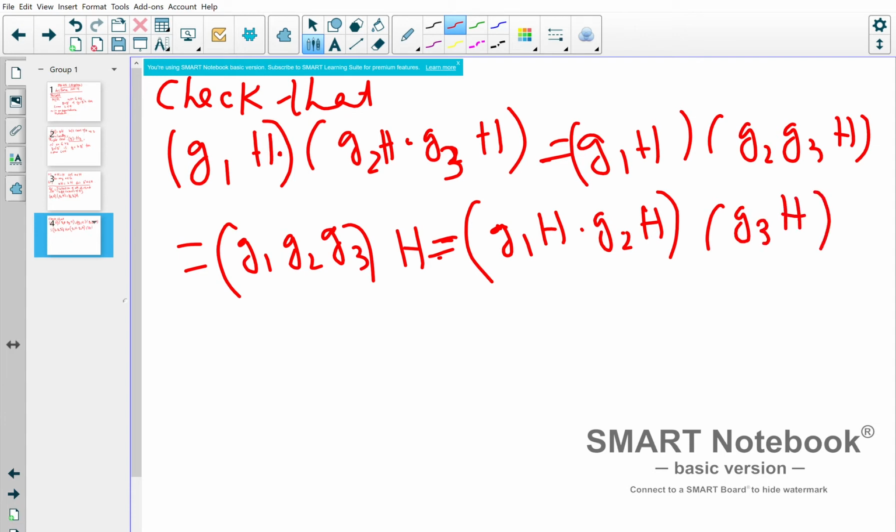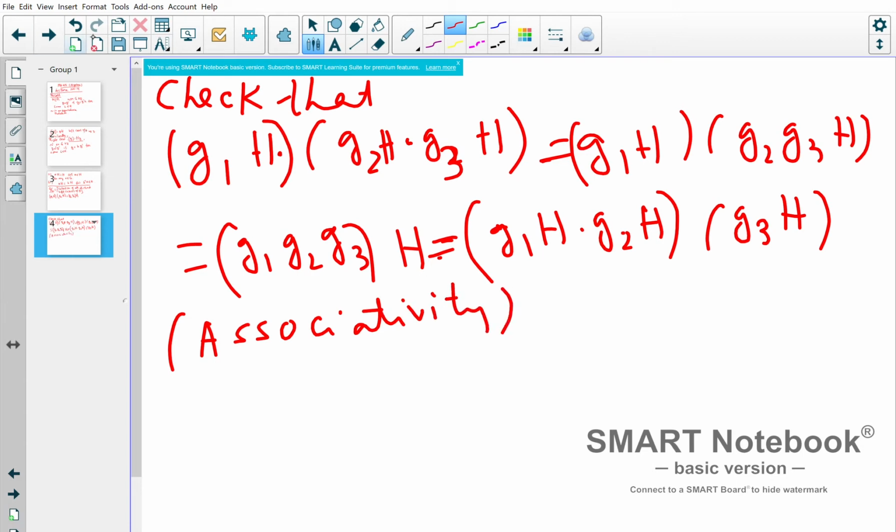So this associative property is there, and with respect to this operation it is associative.